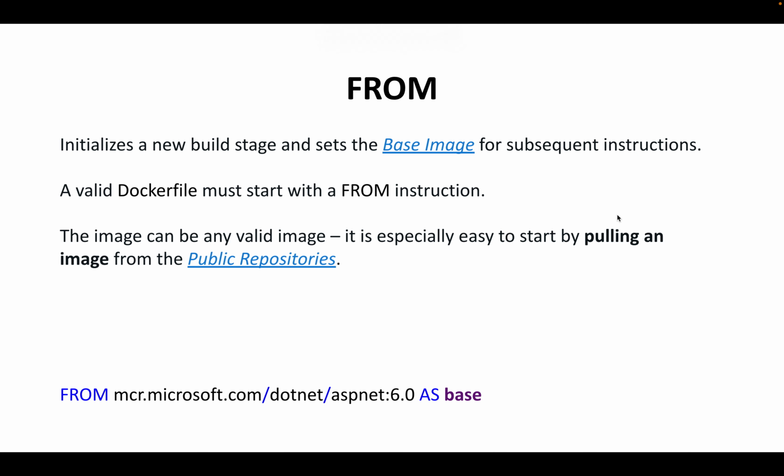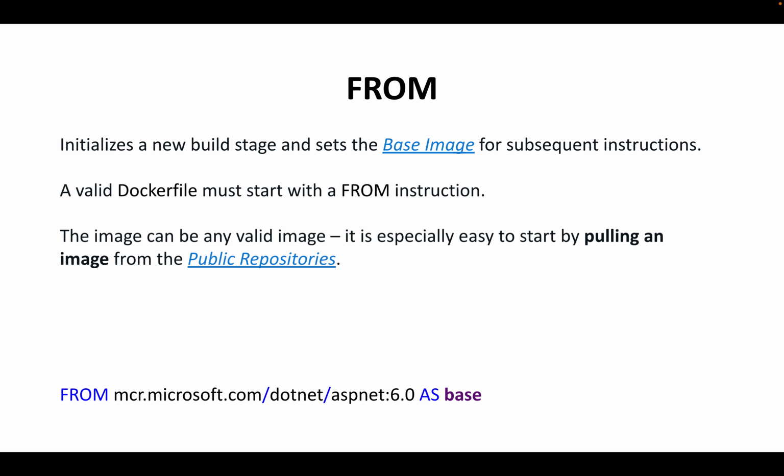And so the FROM instruction, this is the starting instruction in any Dockerfile. It specifies the base image for all the subsequent instructions. You can use one of the base images that you can find in a public repository, among which the most popular is Docker Hub.